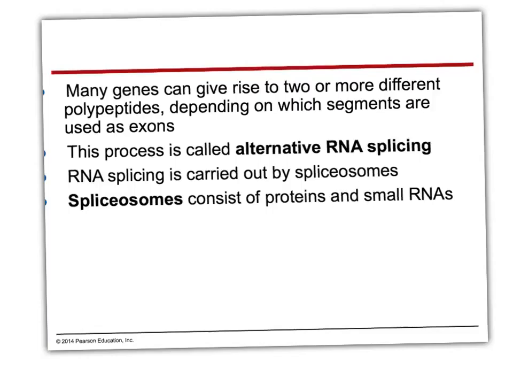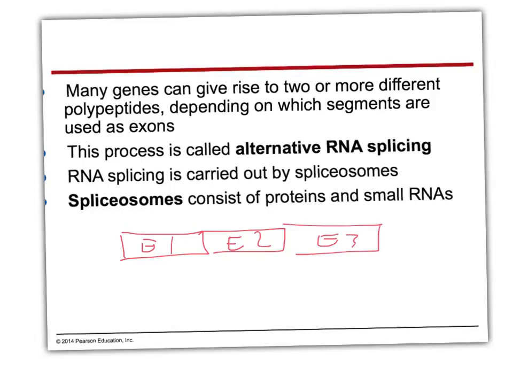There's also a process we call alternative RNA splicing. In the example I used, I had how many exons? The example I drew. I had 3, so exon 1, 2, and 3. That codes for a particular protein A. What if I spliced out exon 2 and the introns, and I linked exon 1 with exon 3?